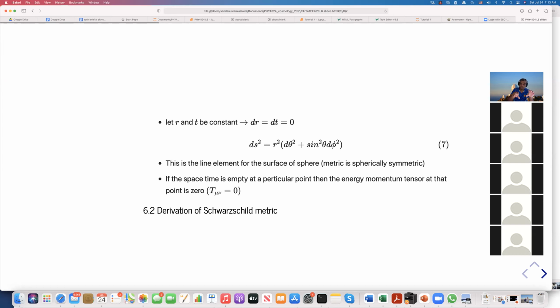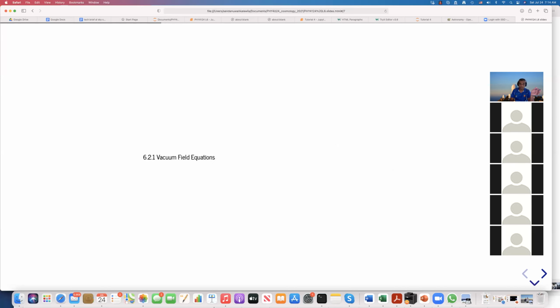Now we are going to take that metric, which has components that we don't know, such as A and B, and we are going to solve in a certain way so that we can find those under this condition. We will need the empty space for that as well. Let's go into a section where we can start solving this.